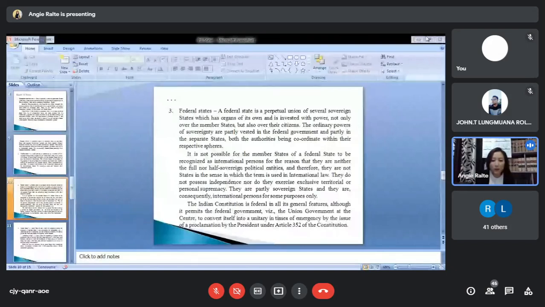In an emergency, the president, under Article 3, declares an emergency, and the central government becomes a unitary government, with the federal states at one and done.